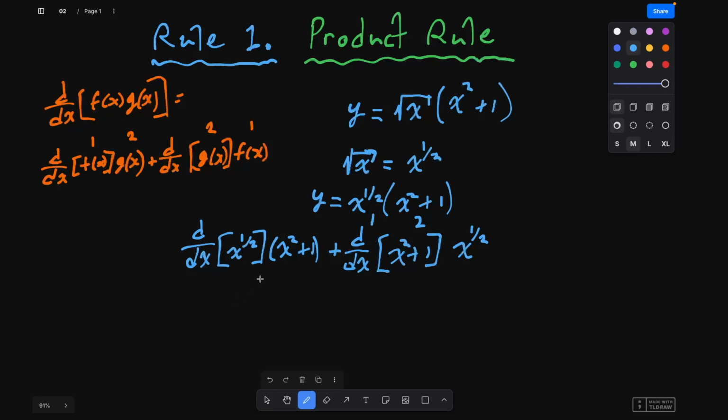Now we take the derivatives. X to the 1/2. The exponent is going to come down, and then we're going to have x to the 1/2 minus 1. So that's 1/2 minus 2 over 2. That is negative 1/2. So x to the negative 1/2.